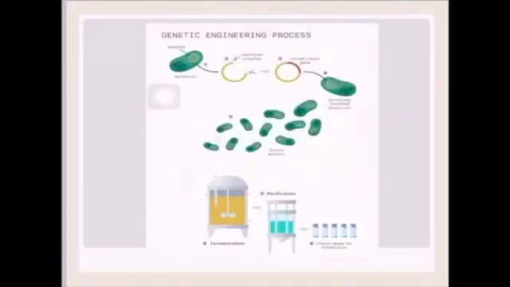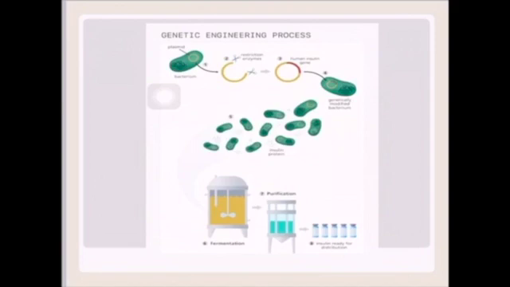The genetic engineering process. The first step: a small piece of circular DNA called a plasmid is extracted from the bacteria or yeast cell. Second, a small section is then cut out of the circular plasmid by restriction enzymes called molecular scissors.